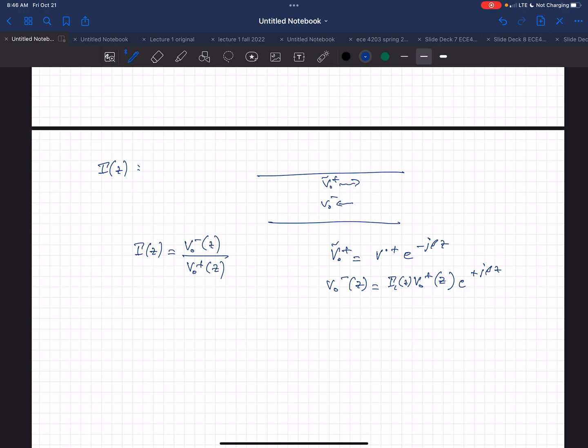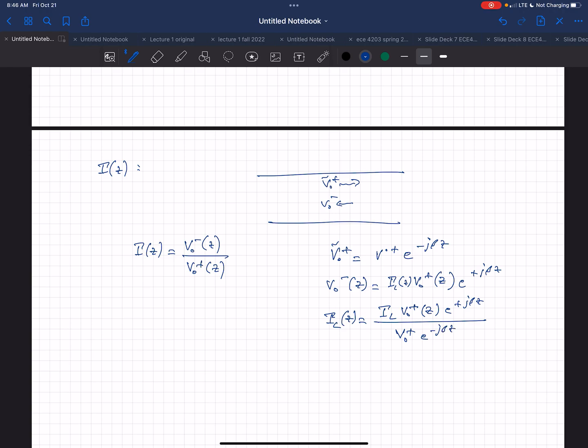So if I plug in the gamma L for this, I'm going to end up with gamma of z is gamma sub L V0 plus of z e to the plus j beta z over V0 plus e to the minus j beta z.